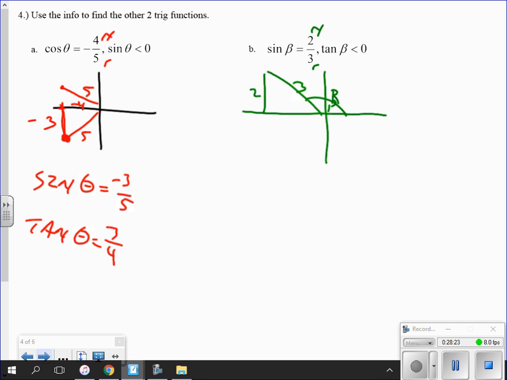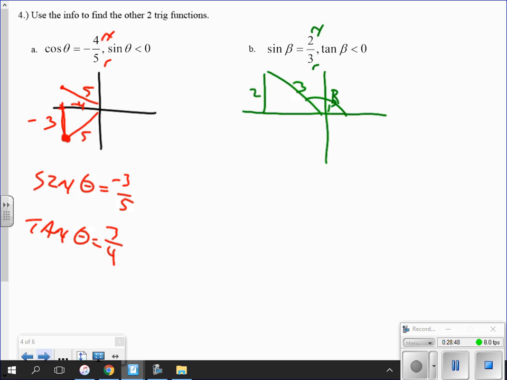Why do I know it's over there? Because the tangent has to be negative, right? And in order for the tangent to be negative, either the x or the y, but only one of them, has to be negative. I know my y-coordinate is positive because the sine is positive, which means my x-coordinate has to be negative. That's why it's in that quadrant. Positive y, negative x.